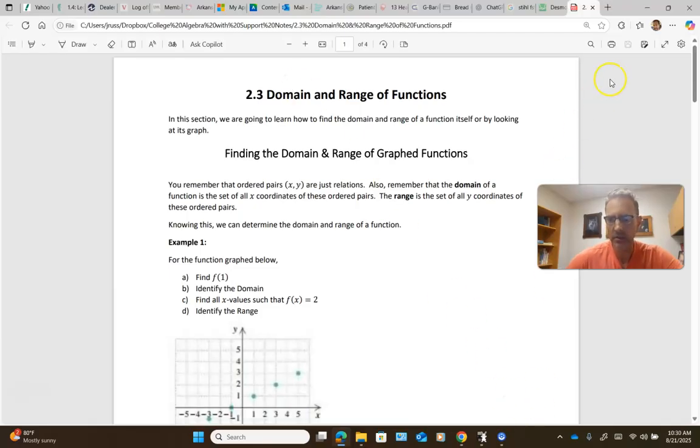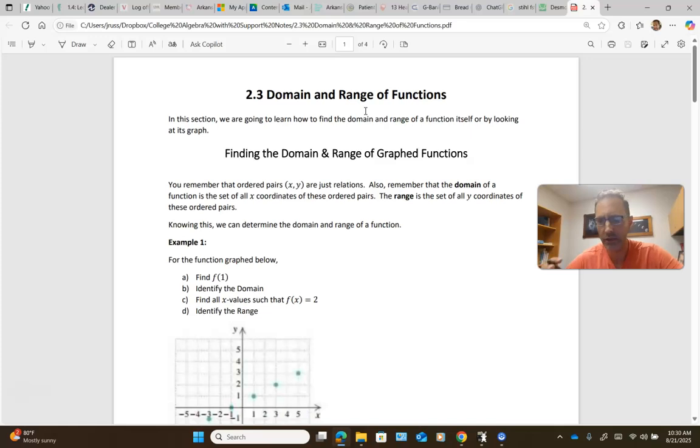So we spent some time last class talking about identifying whether a relation between x and y was actually that of a function, whether y was a function of x. And we did discuss what the domain and the range of a function are. We said that the domain is basically the set of all the inputs, and that the range is the set of all the outputs.